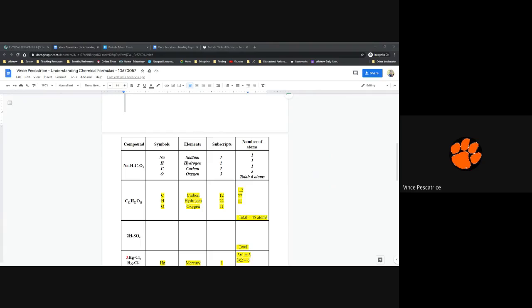So we're not going to worry about being right or wrong. When we go over it tomorrow, we're all going to have the right answers. If you don't turn it in before we start class tomorrow, you're going to lose points for not doing the homework. Does that make sense?